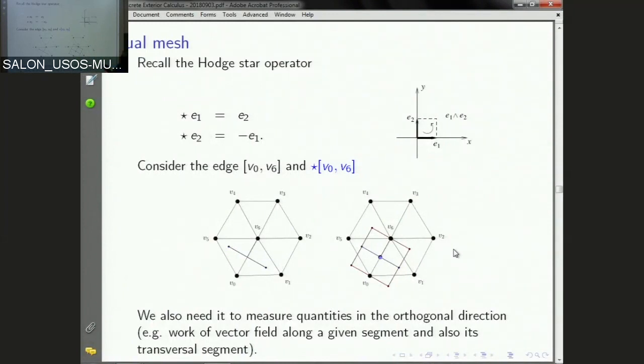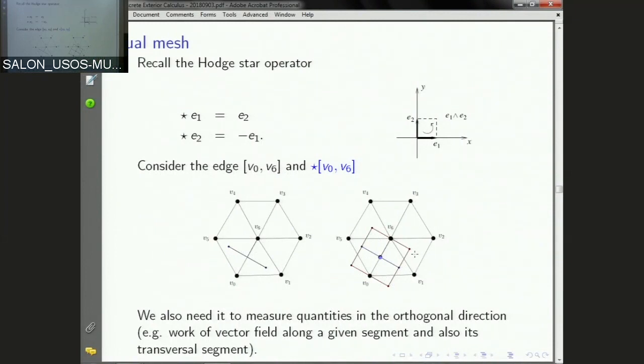Now, in our example of domain, the hexagon, take the edge v0, v6. What would be the Hodge star of that segment? Well, give me the segment that will help me form a square, which is what I drew in the picture on the bottom right. Okay, so the segment is this blue segment. I hope you can see. It helps me construct a square. Okay, so that's the geometrical Hodge dual of the segment v0, v6.